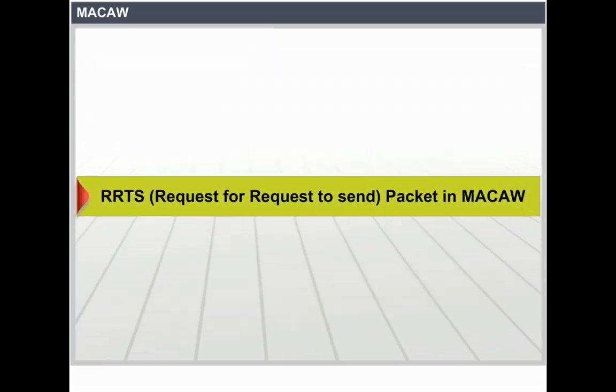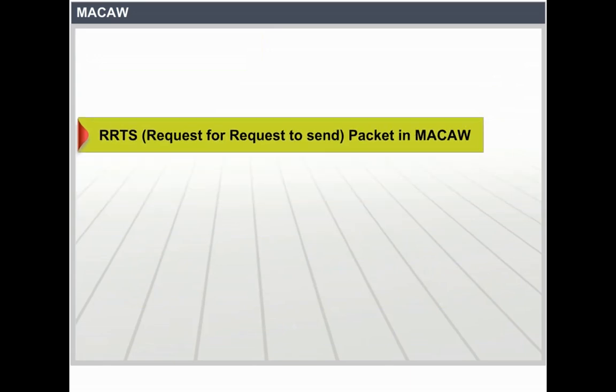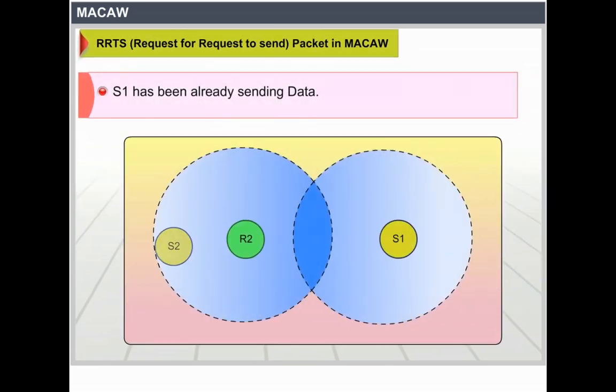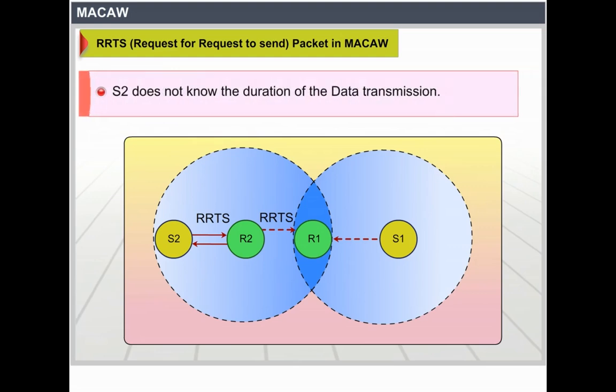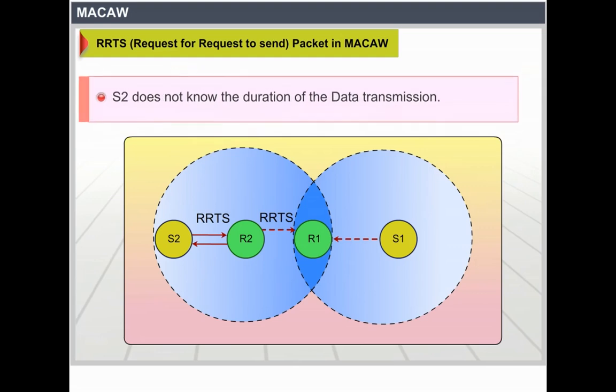RRTS, request for request to send packet in MACAW. S1 is already sending data. S2 sends RTS, but R2 does not respond with CTS since it is a hidden node to S1. S2 does not know the duration of the data transmission.